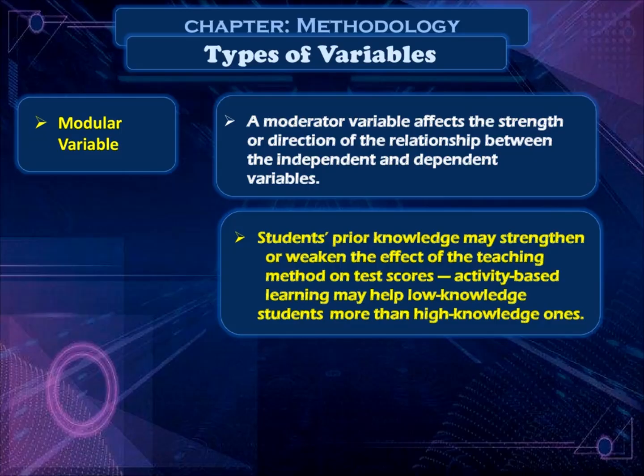Activity-based learning may help low knowledge students more than high knowledge ones. For example, you are giving activity-based learning. Some students who are highly intelligent or their home environment is different, they do a lot of activity work. The father every month orders some play sets from the internet.